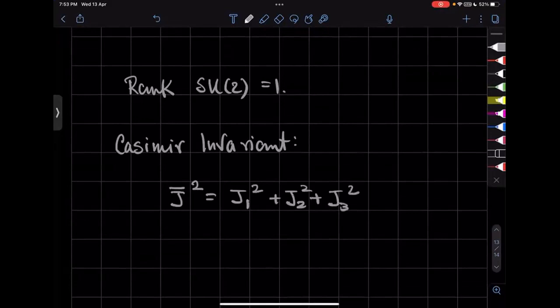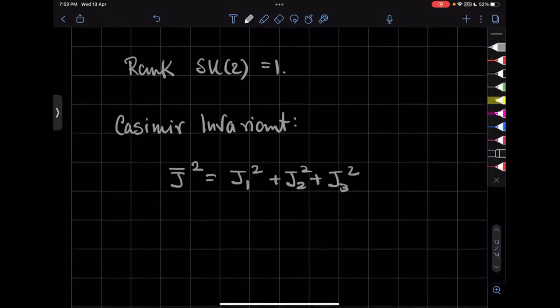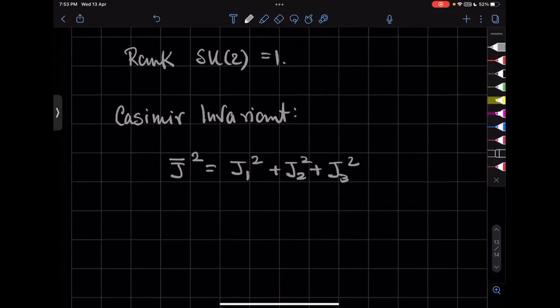So it's a nonlinear combination of generators, right? Now, you can show by using the algebra that we know that this commutes with all the J's, right? So this is at the Lie algebra level.